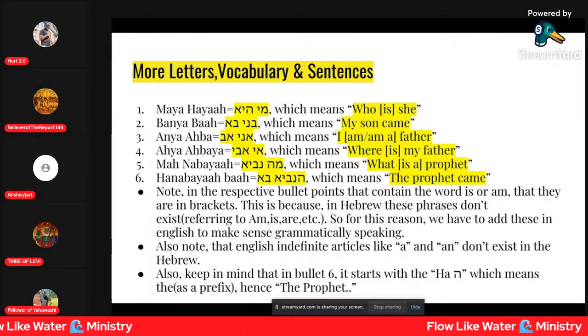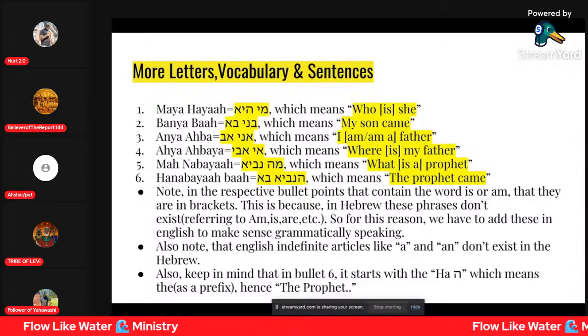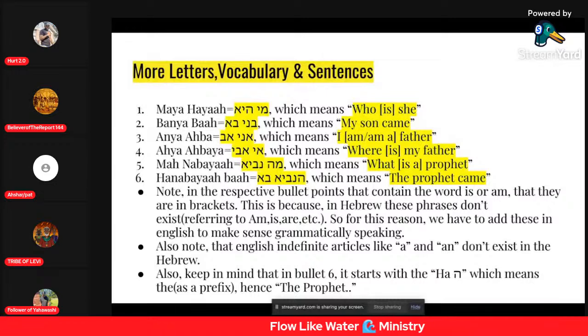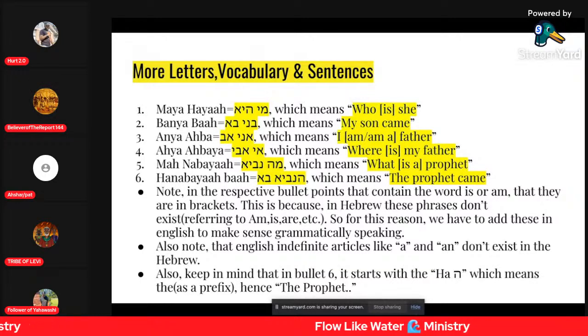So when you look at certain texts, for instance in number 4, it said, "Where is my father?" The word is is not going to be within the text, because it's not a concrete word for the word is.